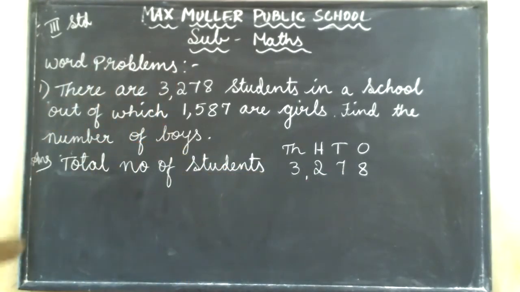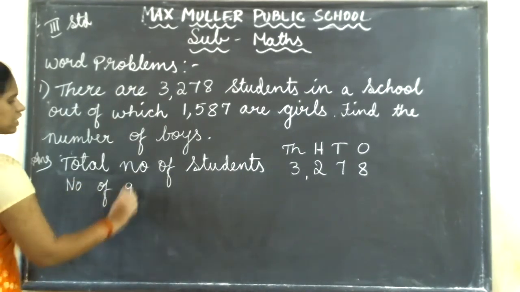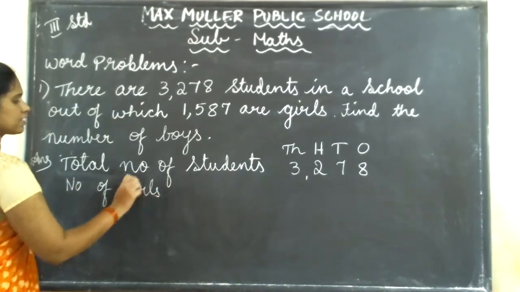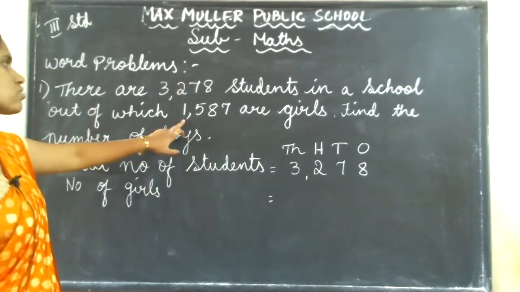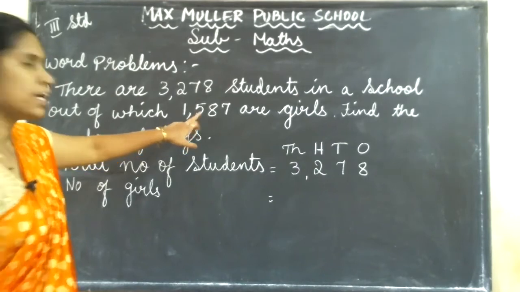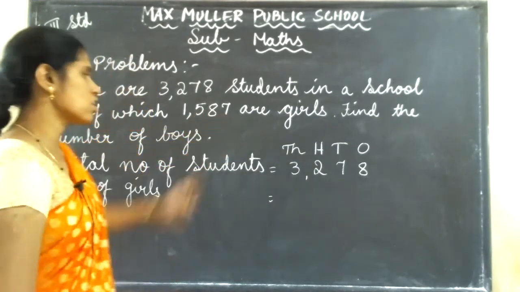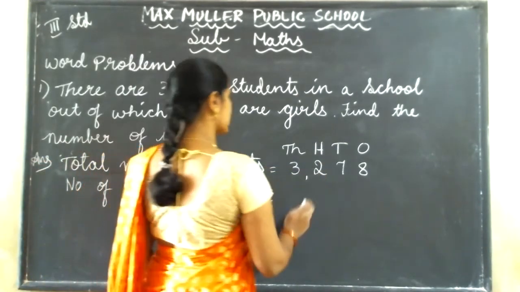Next, number of girls. How many girls are there? They have already given there. 1,587 are girls. So one below the other you have to write.